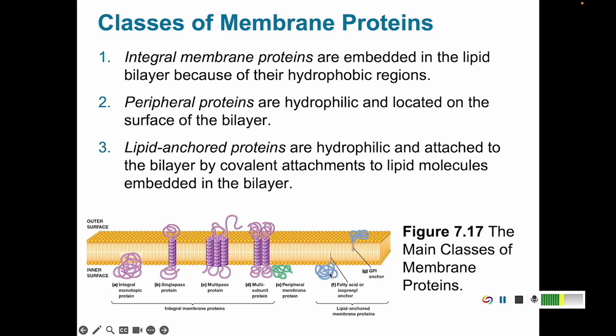Lipid-anchored proteins are hydrophilic, so they are still on the inside or outer layer of the plasma membrane, but they have covalently bonded lipid molecules, and those covalently bonded lipid molecules anchor them into the bilayer.